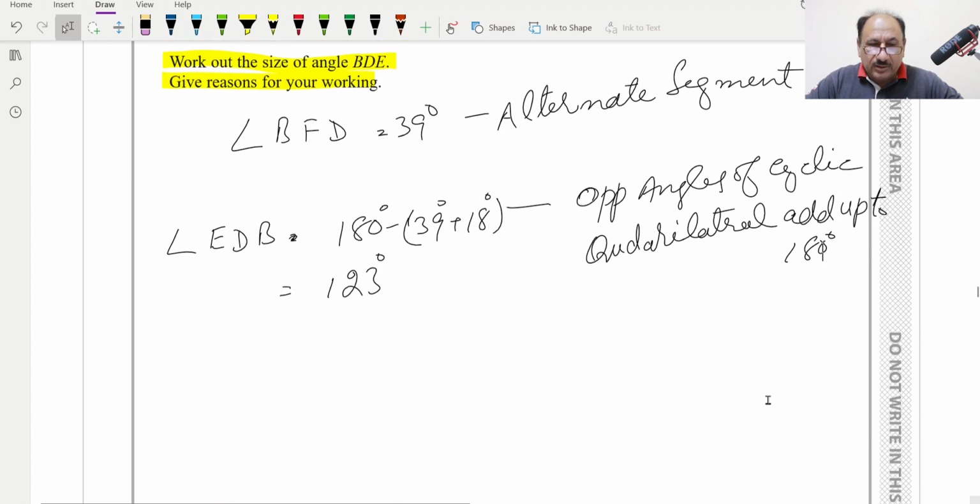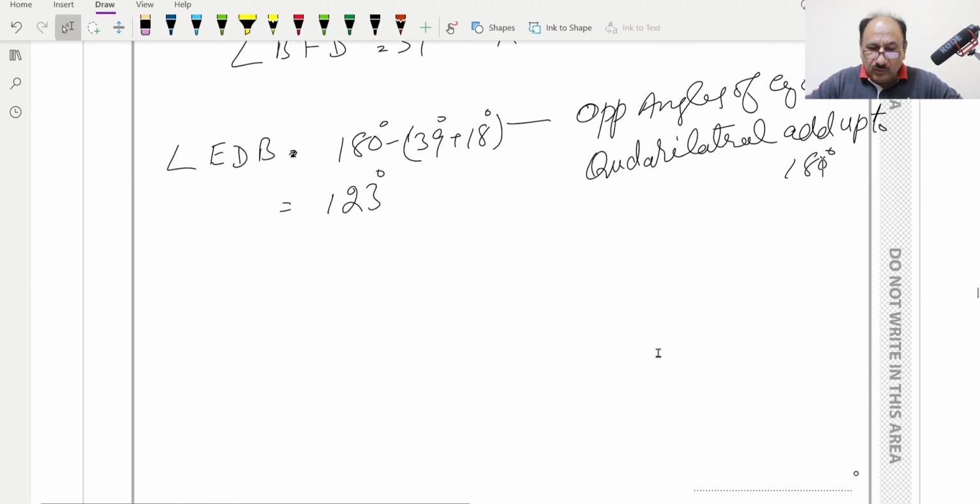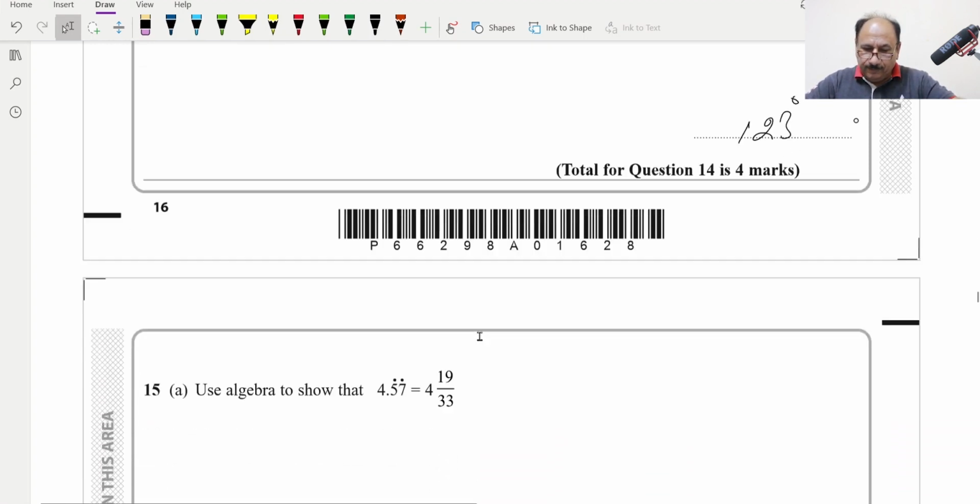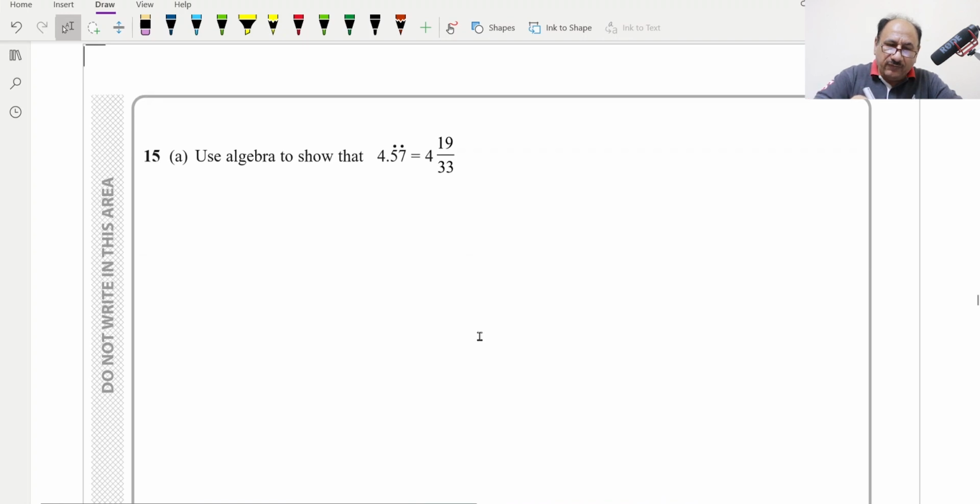So this will be our reason also we have written, and this was required, 123 degrees. This is done. Now we can move to question number 15.